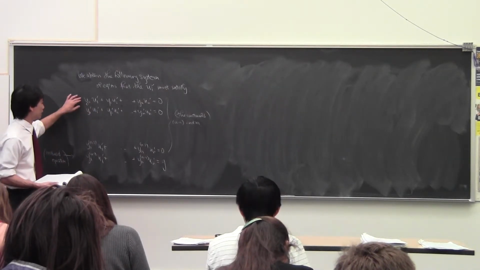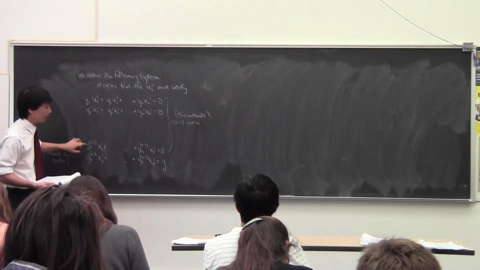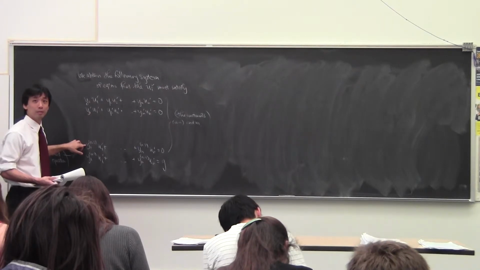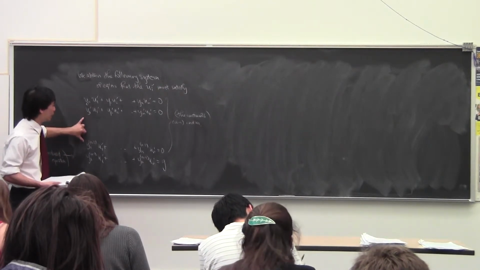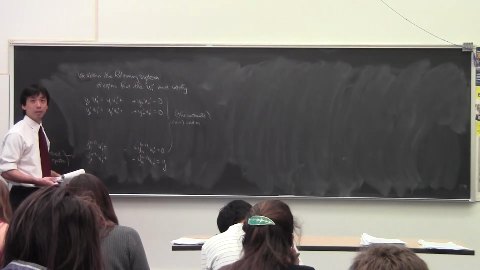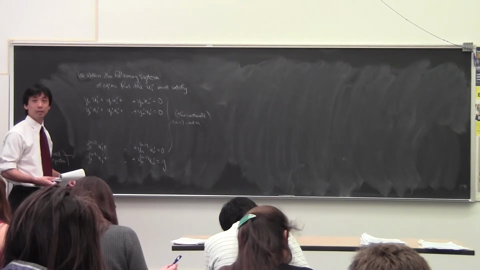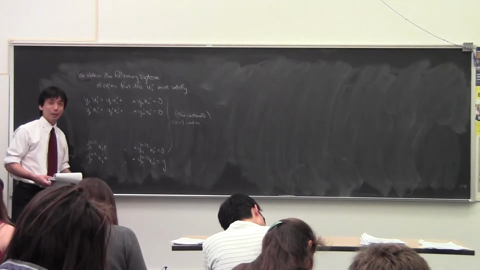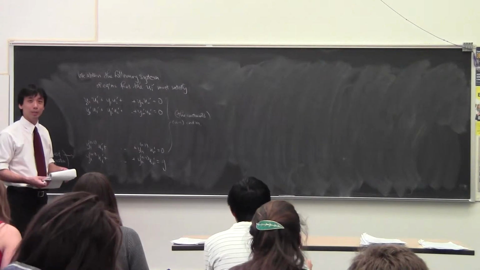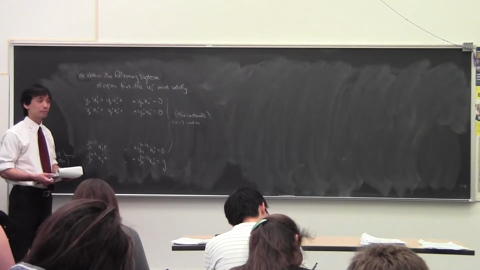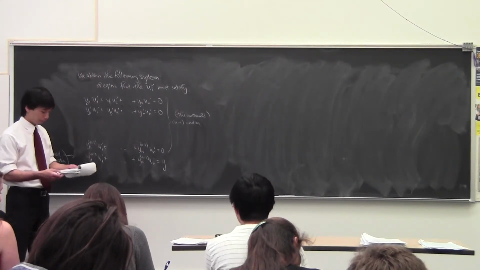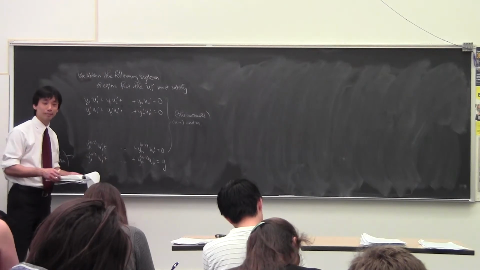So the n minus 1 conditions are going from 0 to n minus 2. Going back a little bit, the m should go from 0 to n minus 2.